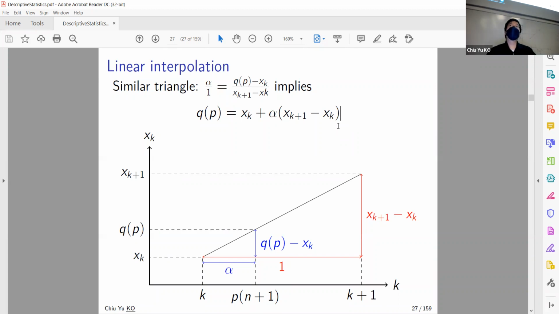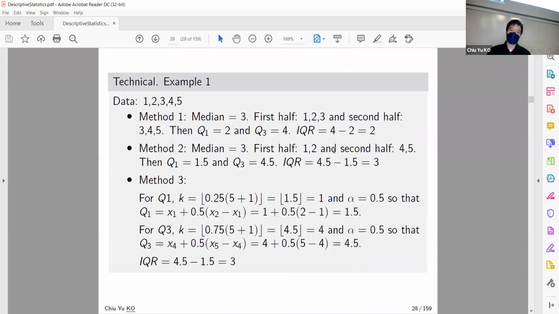Is that okay? So maybe an example will help. In this example, we have 5 observations. So n plus 1, where n is 5, is 6, okay? Q1 is a quarter of the data. Quarter means p is 0.25, okay? So it turns out that 6/4 is 1.5, and for 1.5, look at the lower end, which is 1.